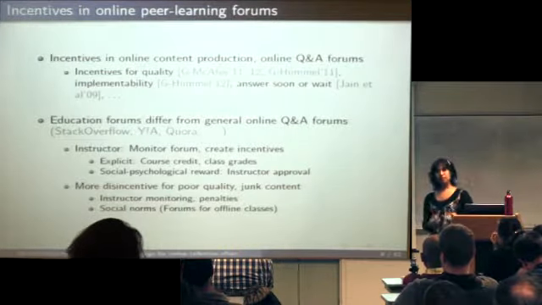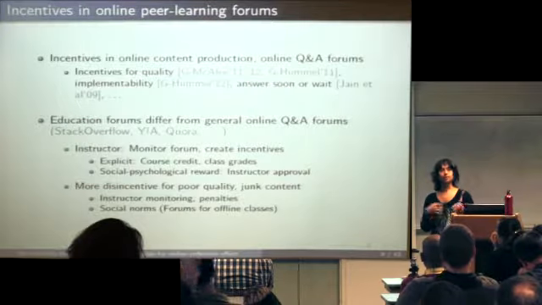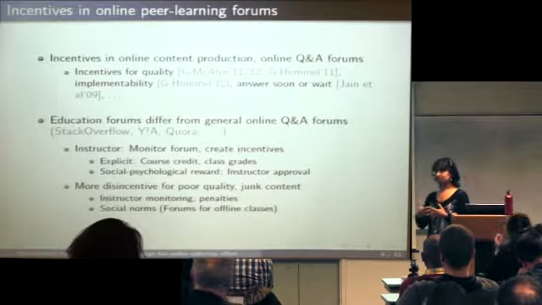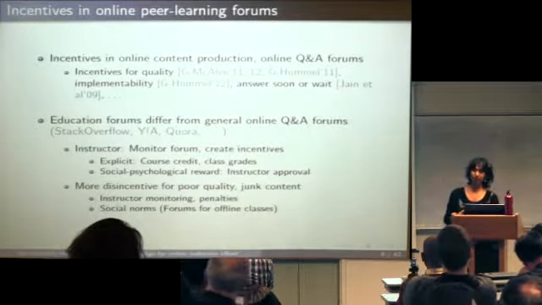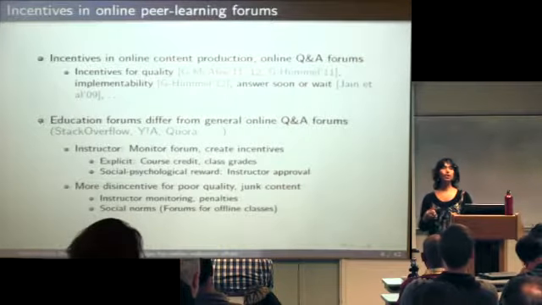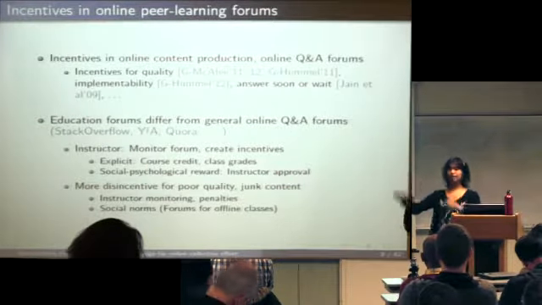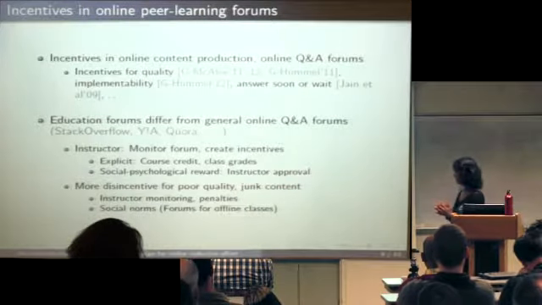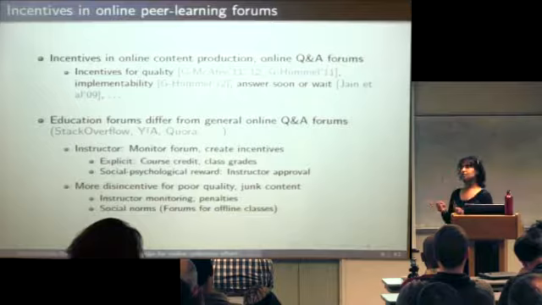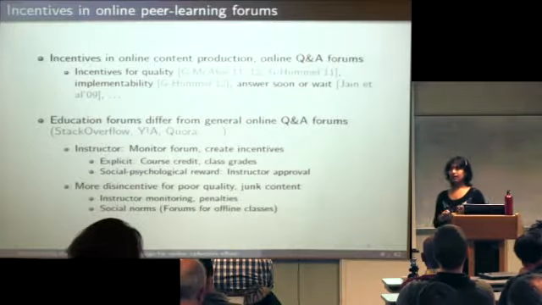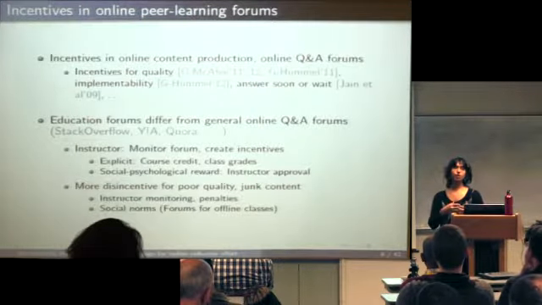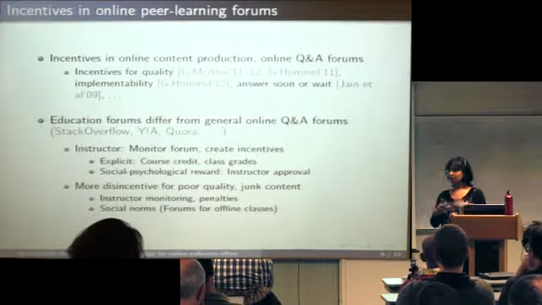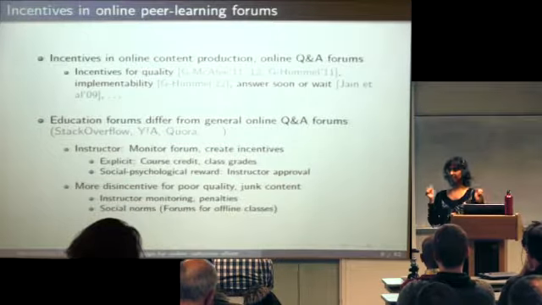Because there is an instructor, the instructor can monitor the forum and create incentives, and these incentives could be either explicit or implicit. I could say, look, I will award you points in the class for going and answering questions on Piazza. I could do something as explicit as this. Or it could be a social psychological reward. From my own experience, I've noticed that if you upvote a student's answer on Piazza, the students just seem to like that, as in, the instructor found this helpful.